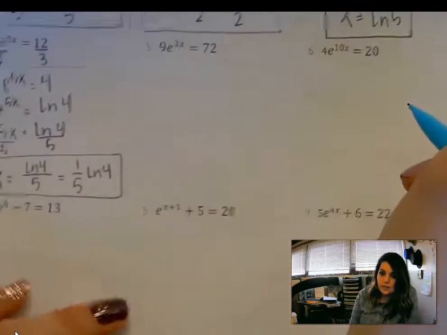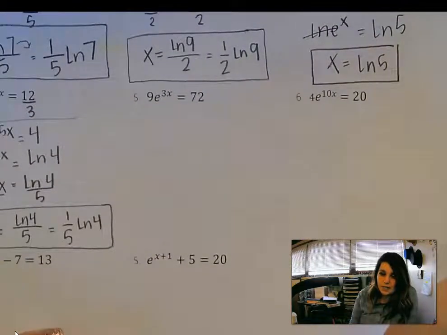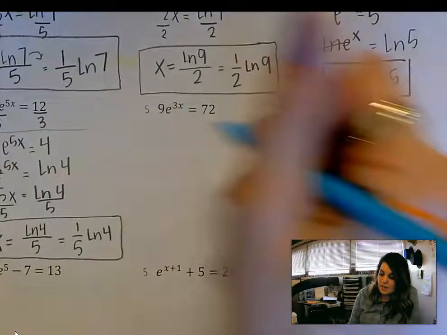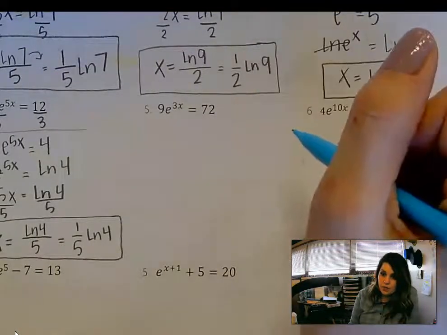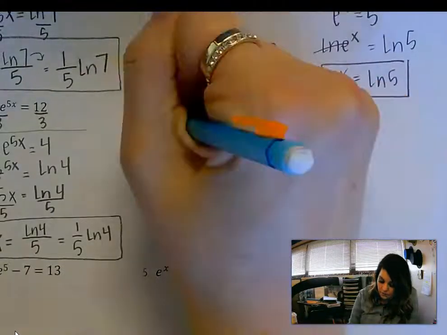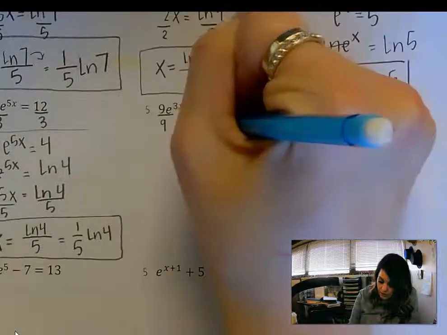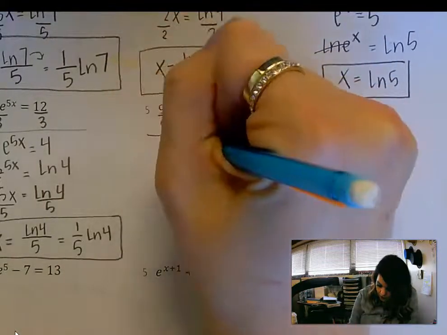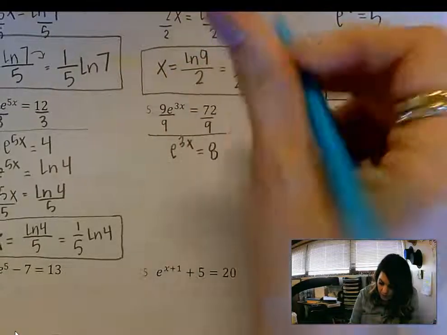So I'm going to work out the next 2. I'm not really going to say anything. I'm just going to work them out, and you should solve them as well. When I'm done, I'll say pause. So if you're not done, you can finish them, and then you can check your answer. So we're solving 5 and 6 on our own. Really try it on your own, guys. Don't just depend on me.